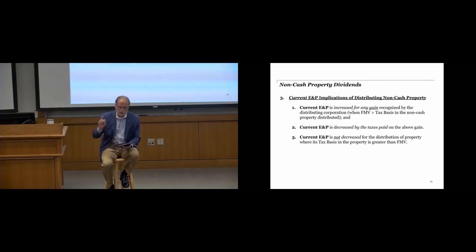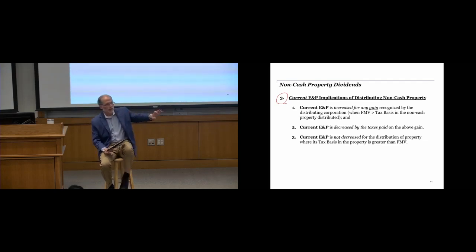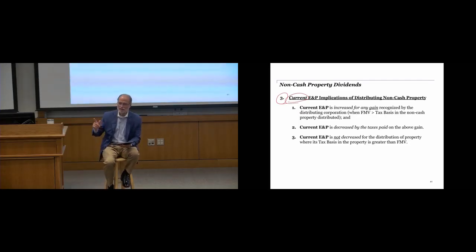So now we're to the third complexity in non-cash property distribution, and this is the E and P implications of what we just did. Distributing non-cash property out. This will only make sense to you if you compartmentalize current E and P and accumulated E and P. So we're going to first start with current E and P. If I recognize gain in the transaction, as in the couple of examples where we distributed appreciated property, current E and P is increased for any gain recognized by the distributing corporation.